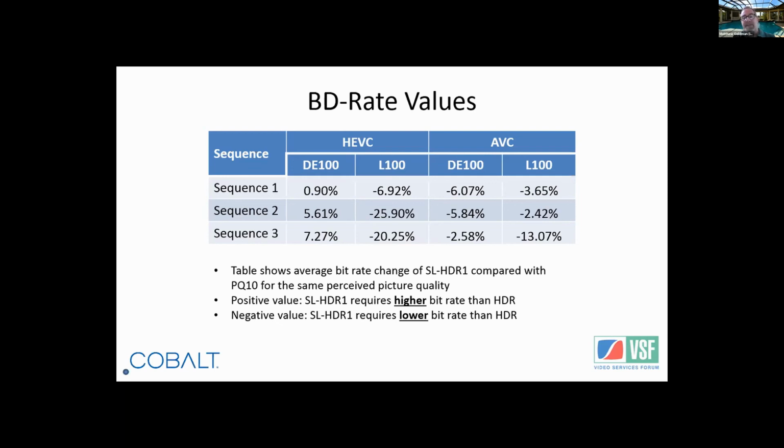The results are basically stating, as Ciro had just said, that you get better compression efficiency if you take the original HDR, convert it to SDR using SL-HDR1, compress the SDR, and then use the enhancement layer for the metadata that contains the HDR information, and then decode it at the other end, versus just encoding the native HDR and decoding it.